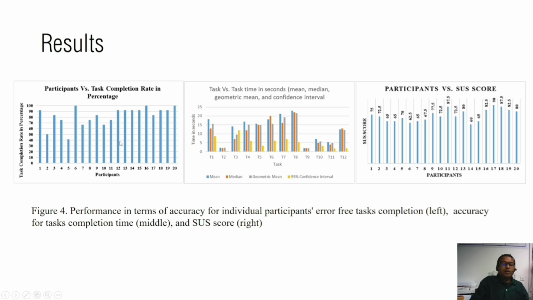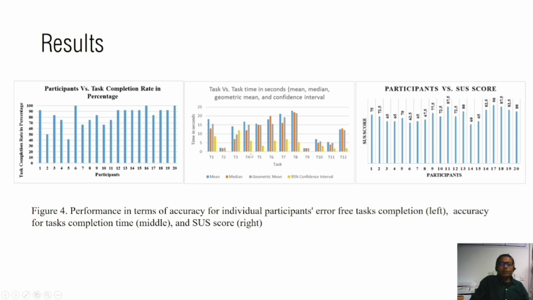We observed that most of the teachers, more than 50%, completed tasks successfully, more than 90%, and very few, only 2, were at 50% or less, only participants 2 and 4. This shows that our system is efficient to use during a class.